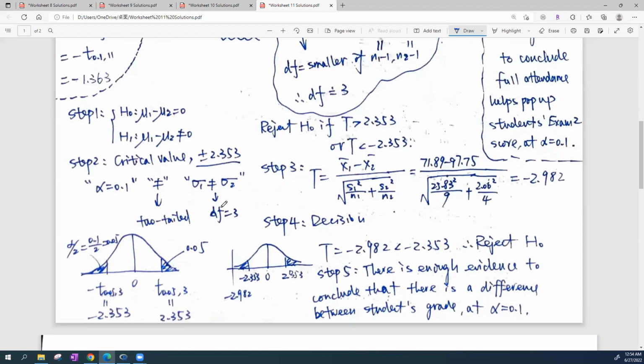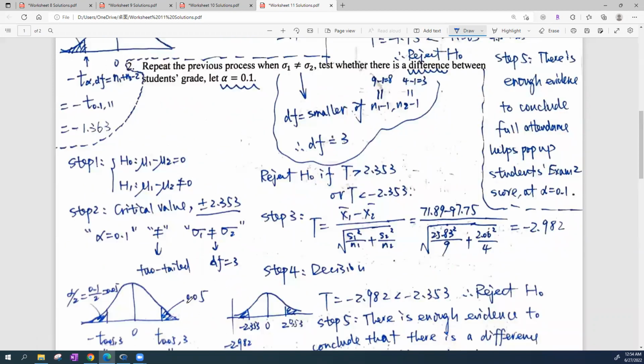Degree of freedom is 3, so t3, and does not equal, then two-tailed test. So the rejection region has two tails, and alpha equals 0.1. So alpha divided by 2 is 0.05. So we get that critical value, the upper and lower critical value. So check the table. We got the number.